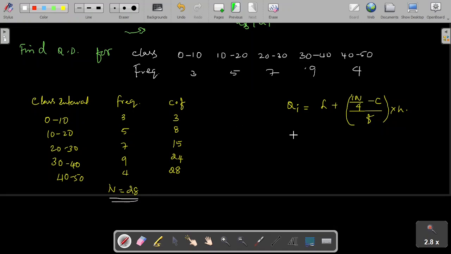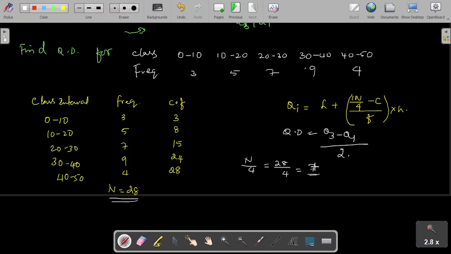We need quartile deviation, which is Q3 minus Q1 divided by 2. So we need Q3 and Q1, the third quartile and first quartile. How to find the first quartile? You need the first quartile class. To find it, you have to find n by 4, which is 28 by 4, equal to 7.